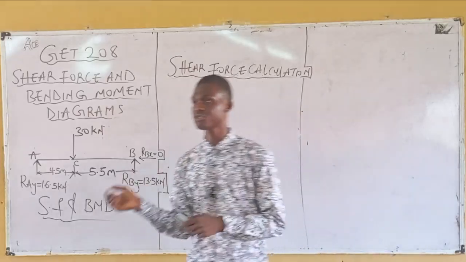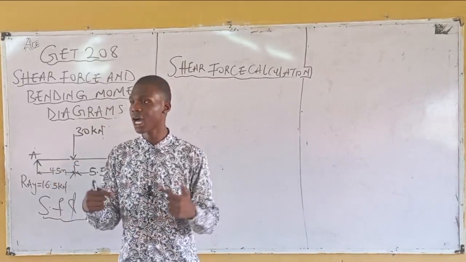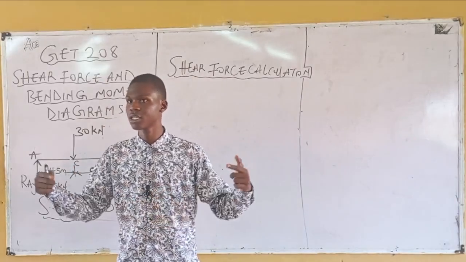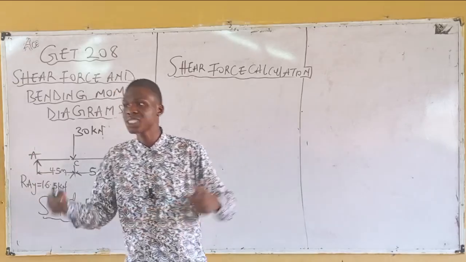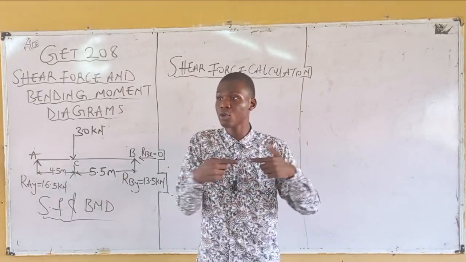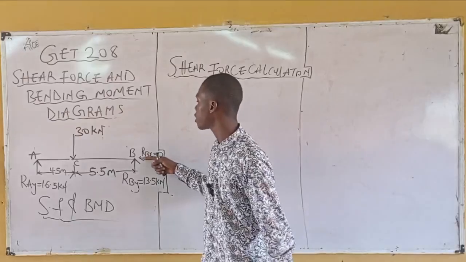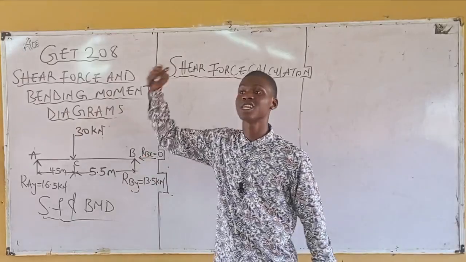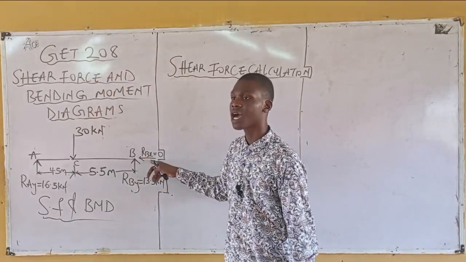If you do stress and strain, you are going to be told an axial load 30 kilonewton in bracket tensile. When we say axial load, we mean horizontal load, right?